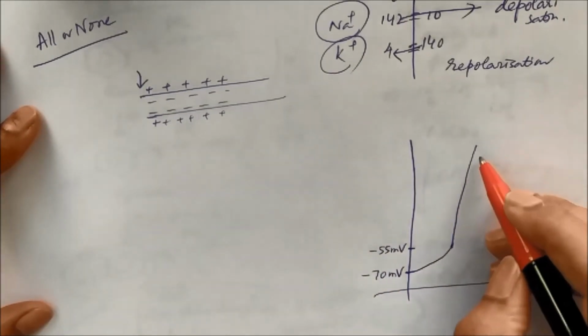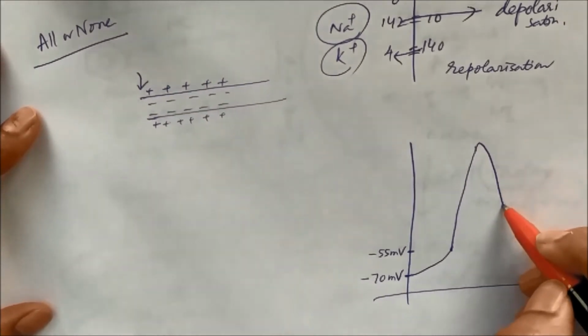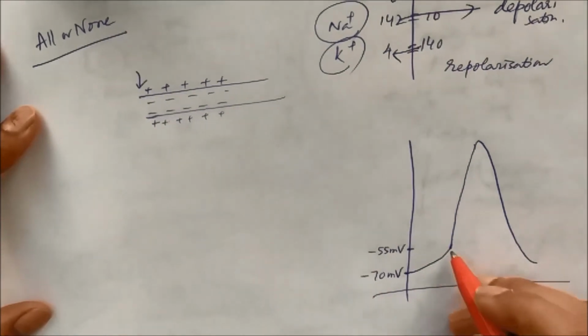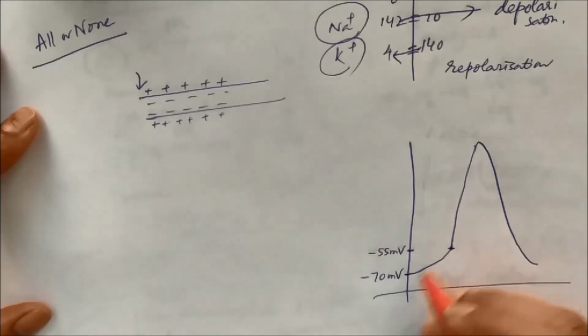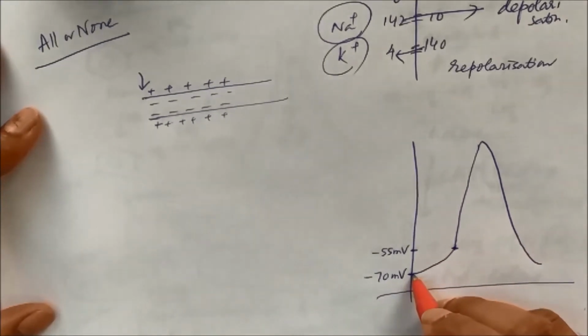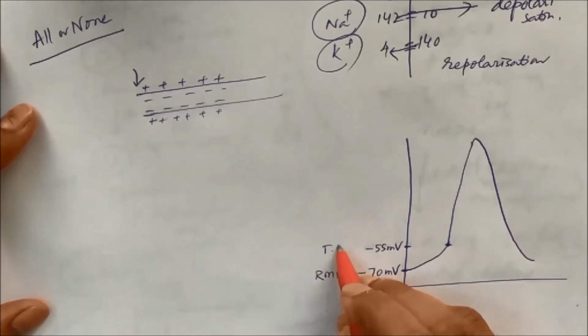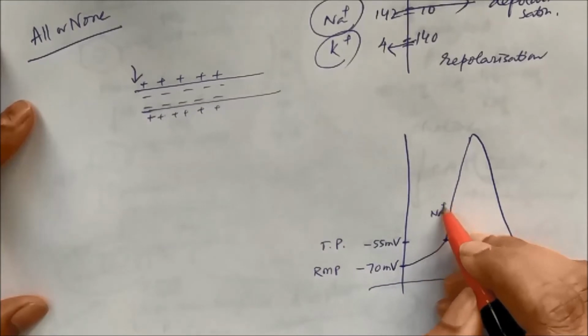If depolarization occurs, then there will be a repolarization also to minus 70 millivolt. Any impulse which can change this resting membrane potential to threshold potential causes opening of the sodium channel.